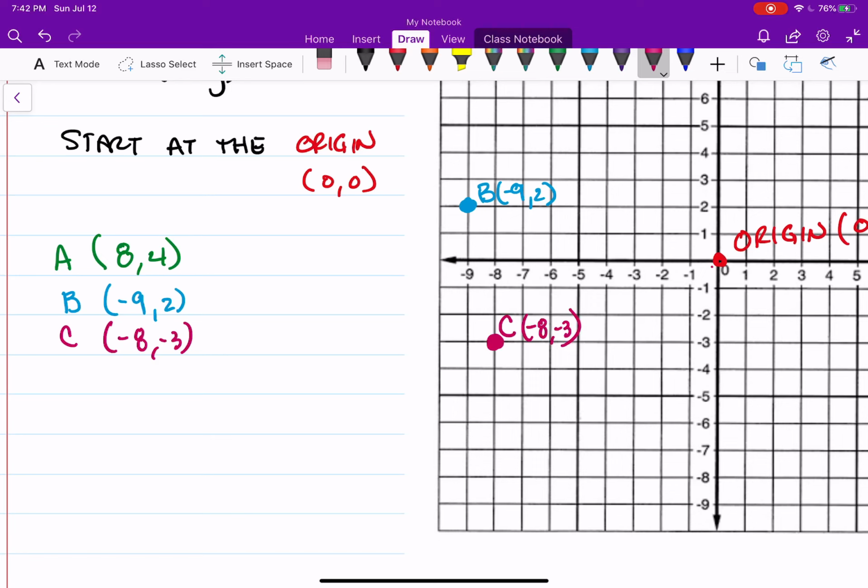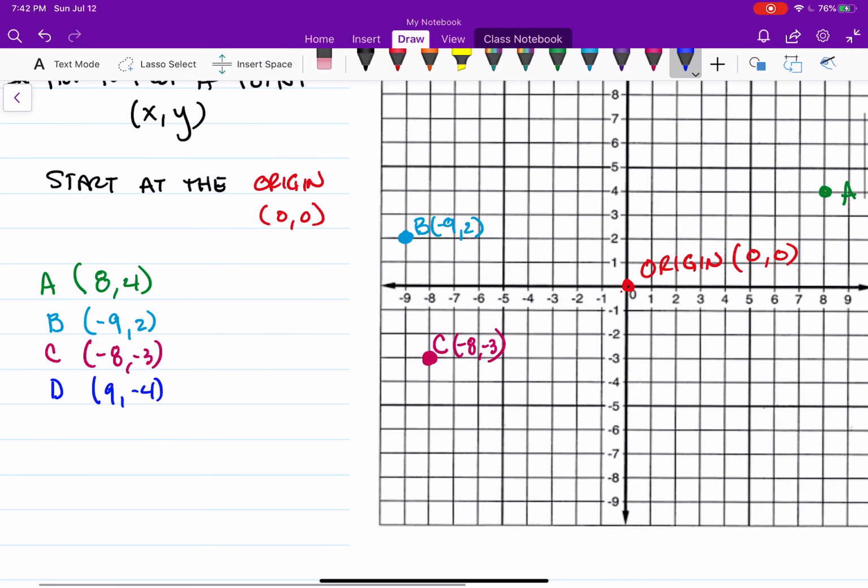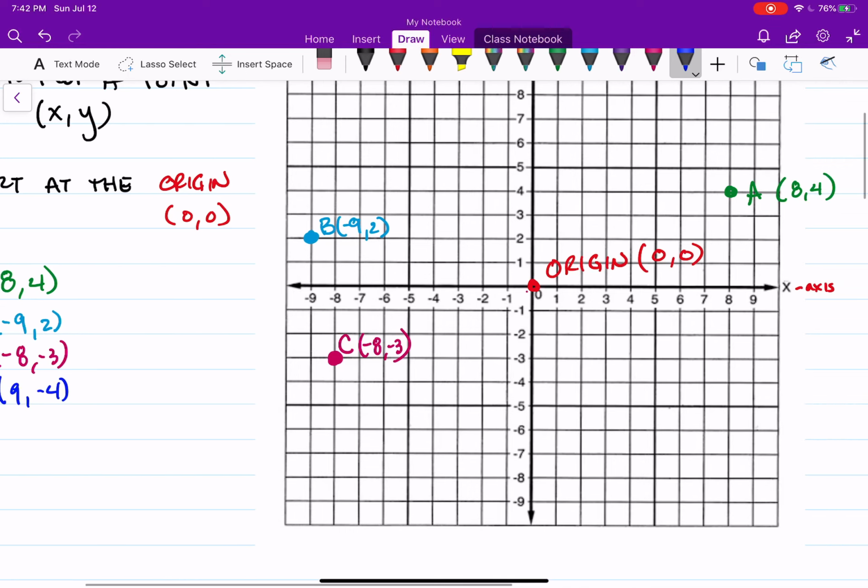There we go. Let's do one more. Let's do D, and we'll call D (9, -4). So let's try that again. 9 is my x value, positive 9, so that means I move right. And negative 4 is my y value, so that means I go down.